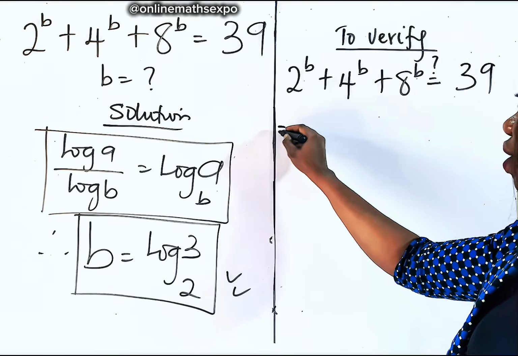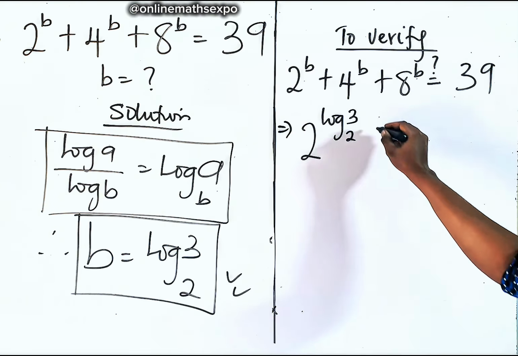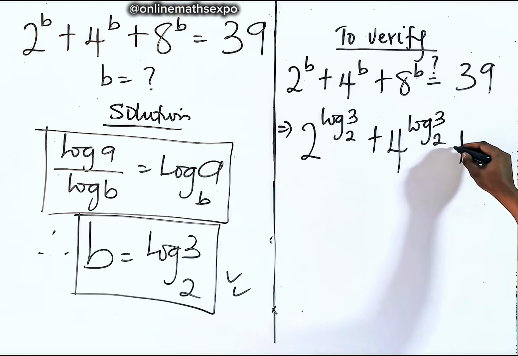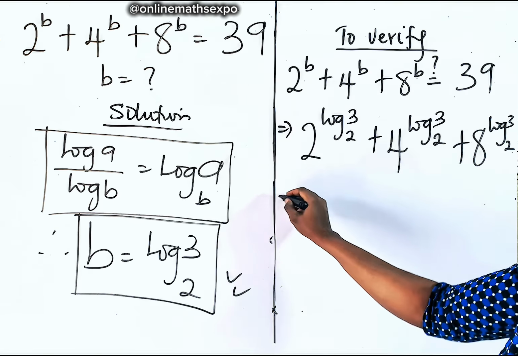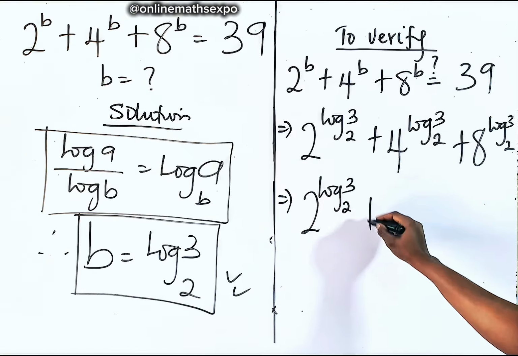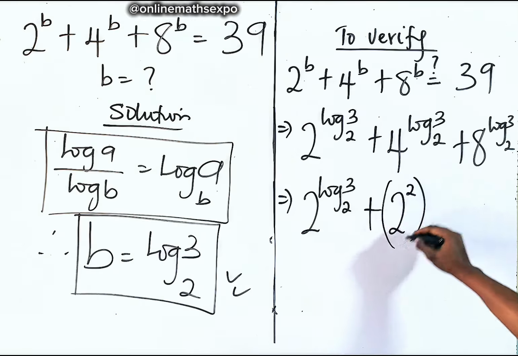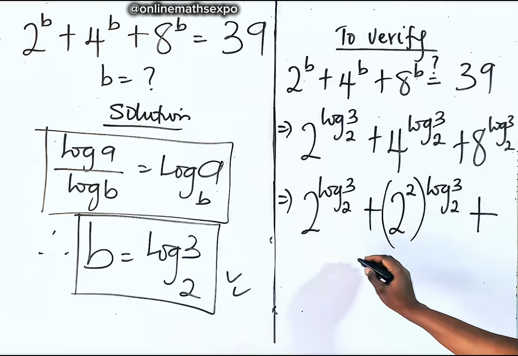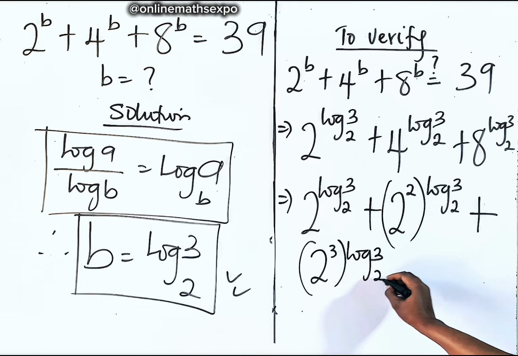Let's see. So this gives us 2 to the power of log of 3 base 2, plus 4 to the power of log of 3 base 2, plus 8 to the power of log of 3 base 2. Now we keep simplifying. Remember that 4 is 2 squared, so we have 2 squared to the power of log 3 base 2, plus 2 cubed to the power of log 3 base 2.